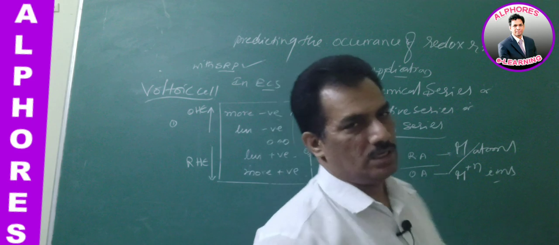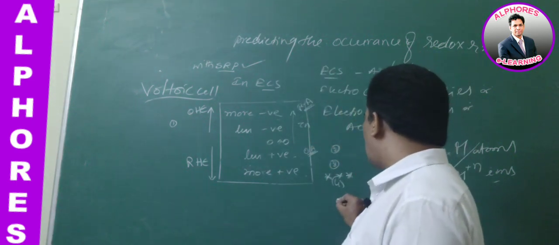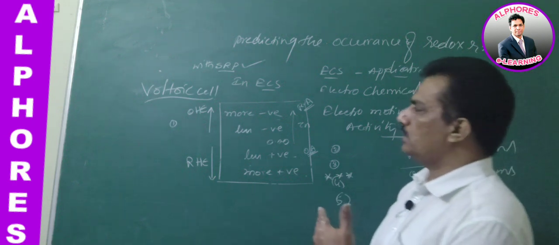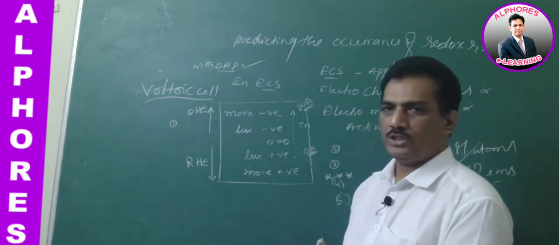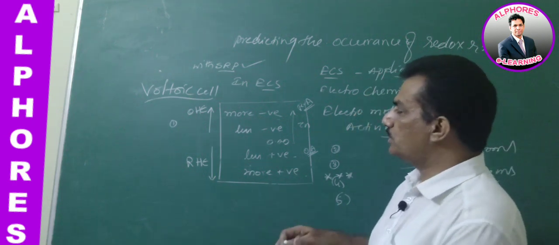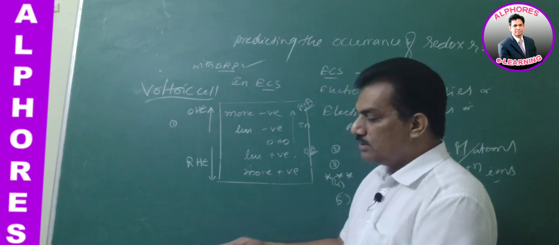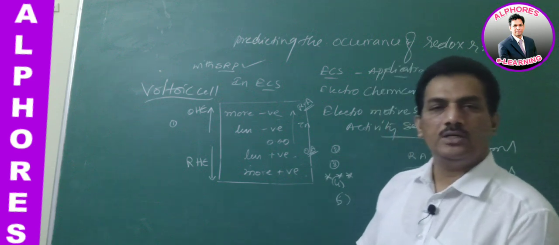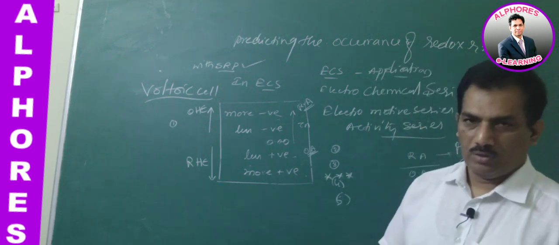And one more is what we discussed in the beginning of the lesson: the deposition, that is the discharge potential. Discharge, that is, which is preferentially discharged at the cathode, and which atom or ion will discharge at the anode.